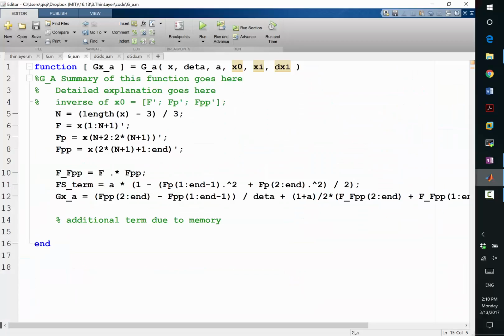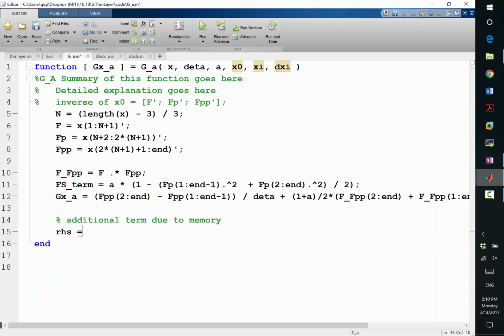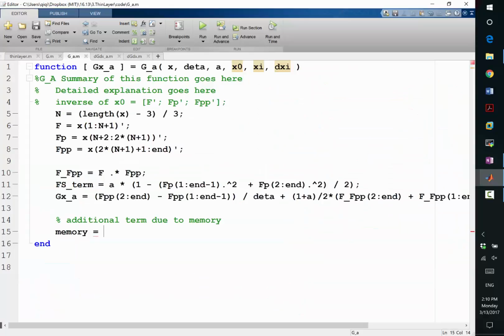So I would just say RHS is equal to, let me just say memory is equal to U times du dc, right? U times du dc. Is it minus? Is it plus actually?